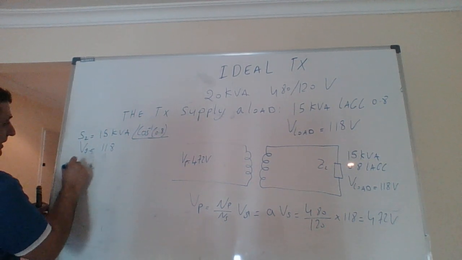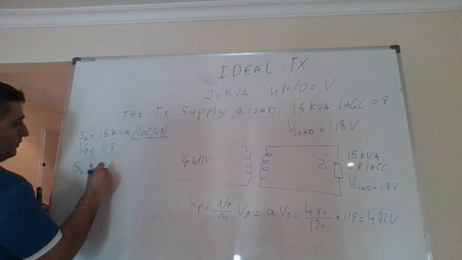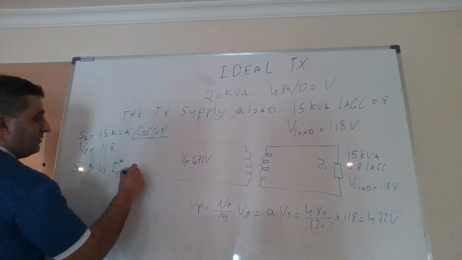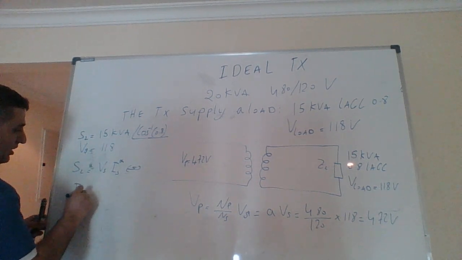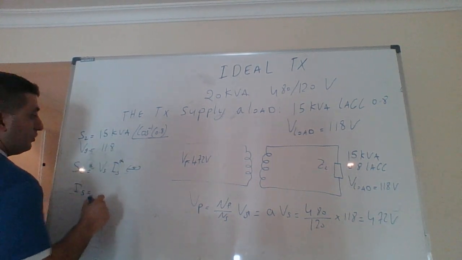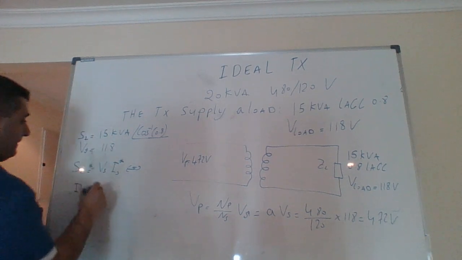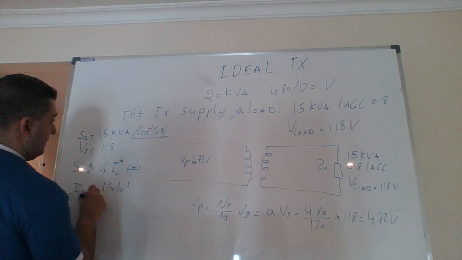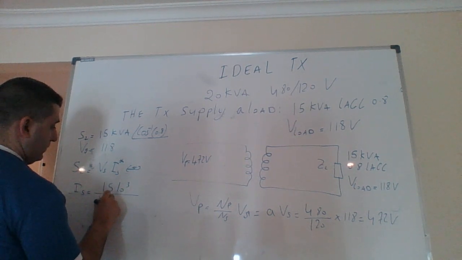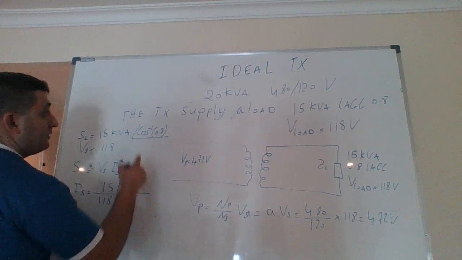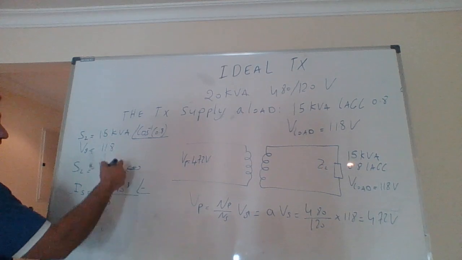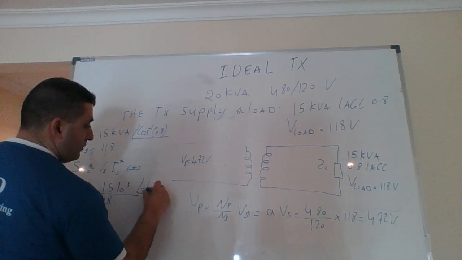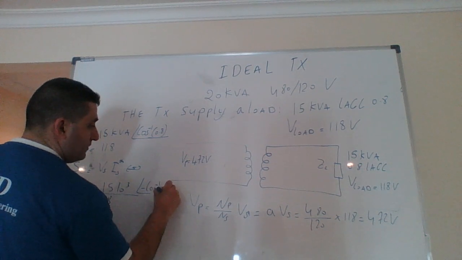I apply S2 equal to V secondary times I secondary conjugate, so I calculate I secondary equal to 15 times 10 to the 3 divided by 118, with an angle of minus inverse cosine of 0.8, because of the conjugate.